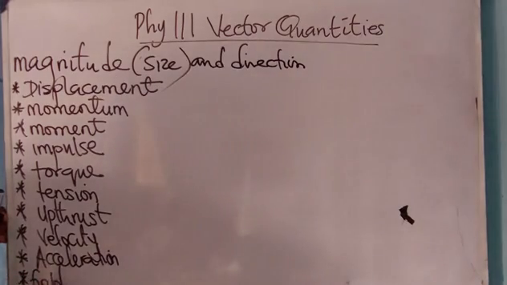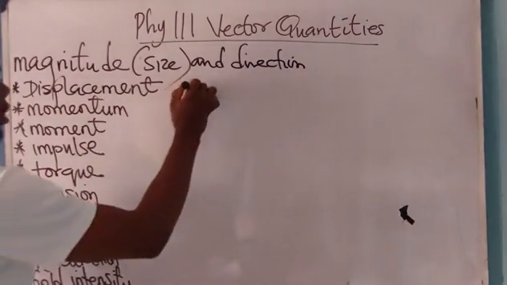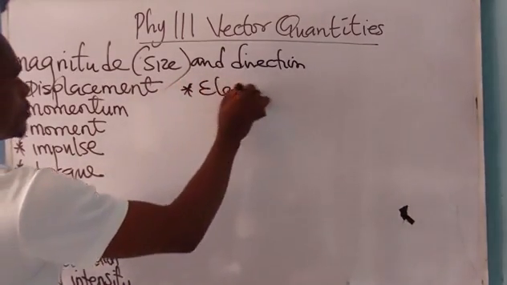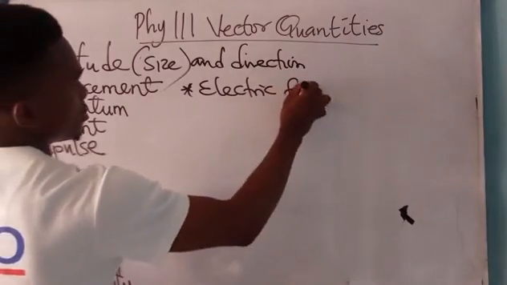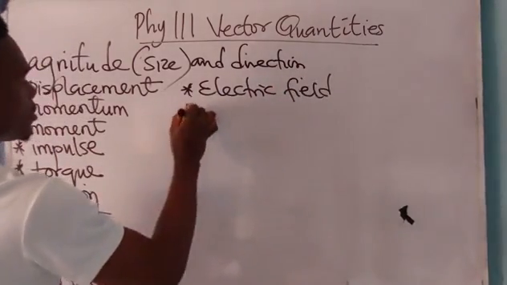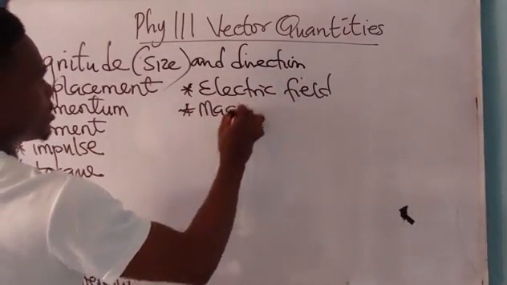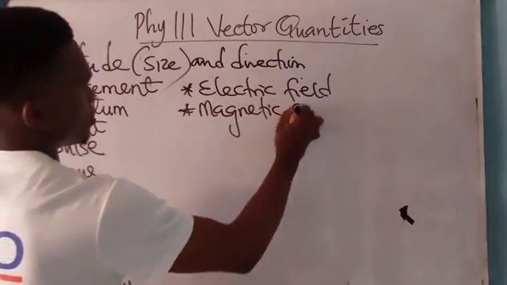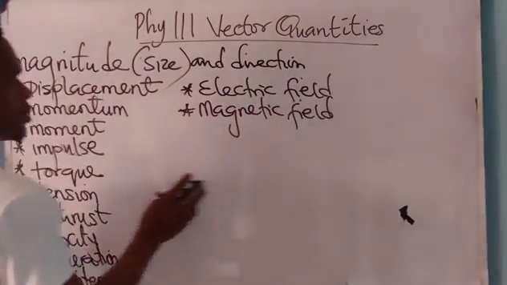Field intensity, all of these are vector quantities. You also have electric field. Electric field is a vector quantity. Magnetic field is a vector quantity.